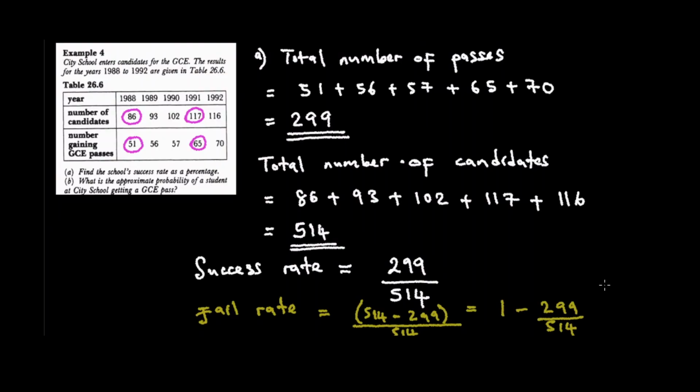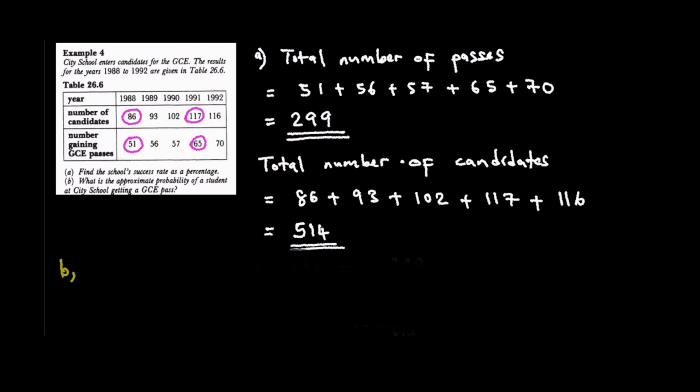Mapabata, saka ndozvazvakaita. Okay, ngatichi answer B yedu. Saka B iri kuti kudeni? B iri kuti what is the approximate probability of a student at city school getting a pass?